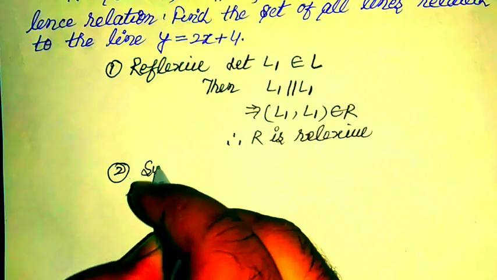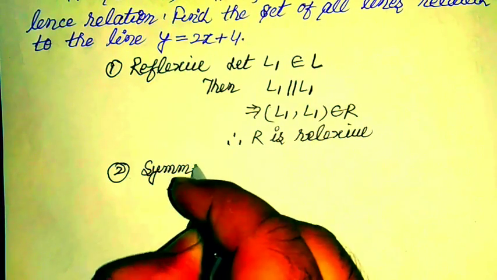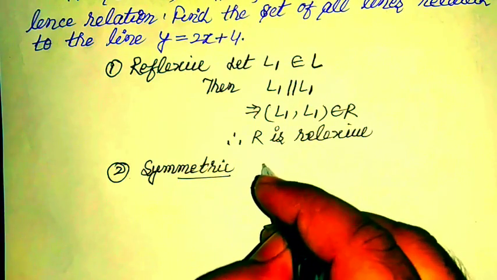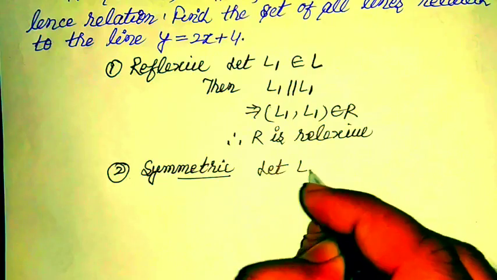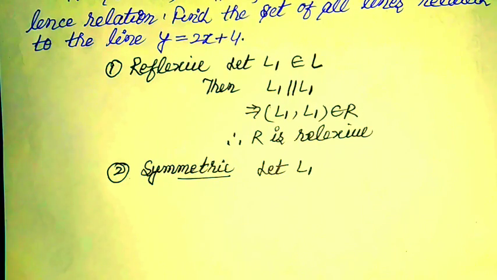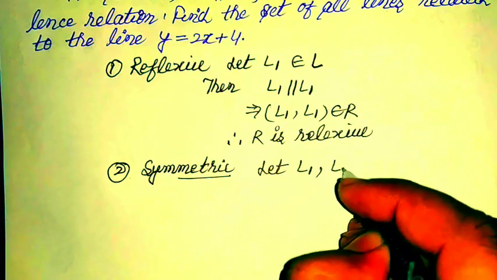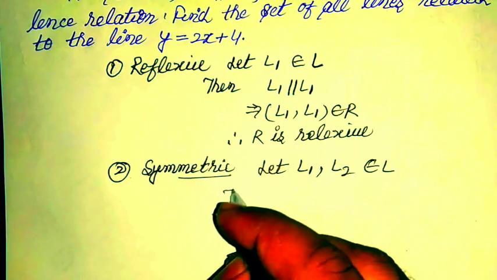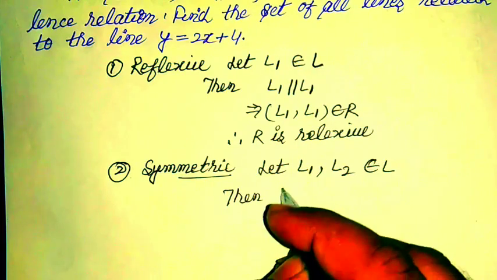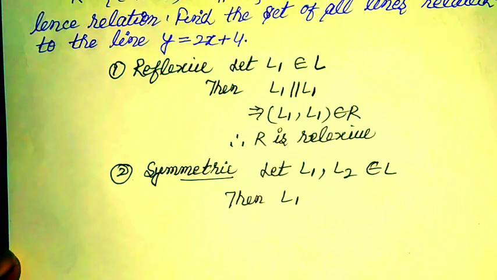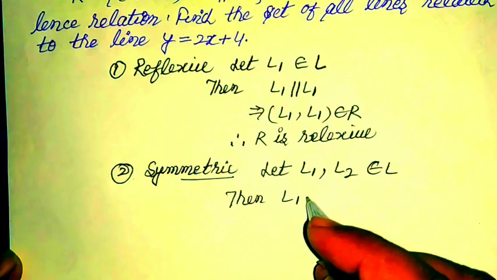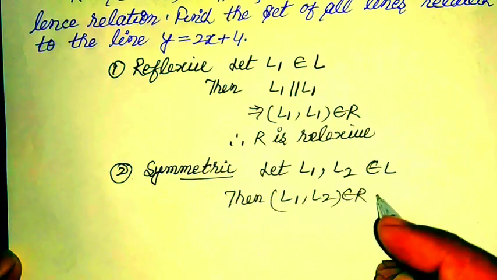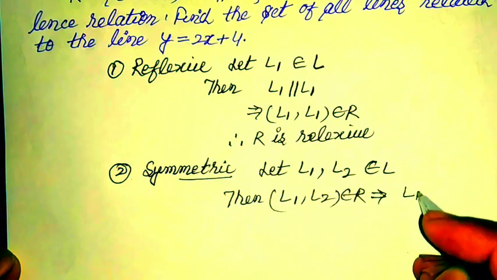Now the second one, symmetric. For symmetric, we need to take two lines in set L, L1 and L2. Then L1, L2 belongs to the relation, and the relation is given as L1 parallel to L2.